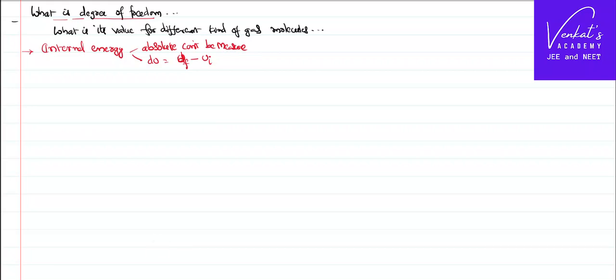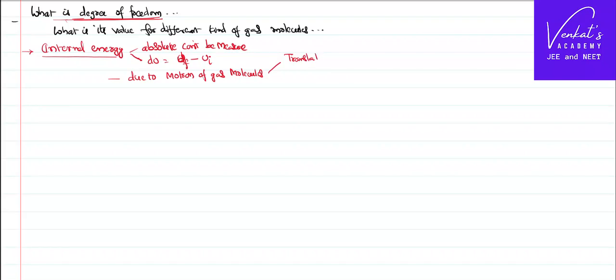Now, I would like to explain who is contributing, why this internal energy is happening, how can we explain that? Internal energy is due to motion of gas molecules. These gas molecules could be having three different kinds of motions.